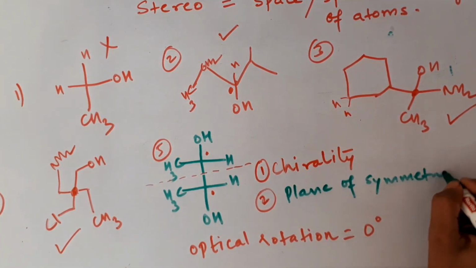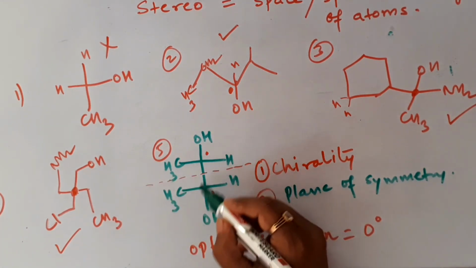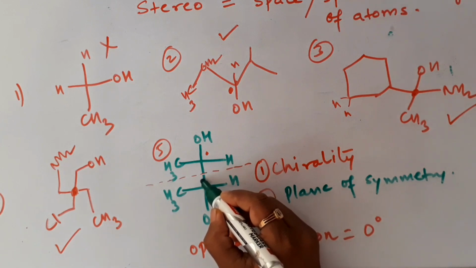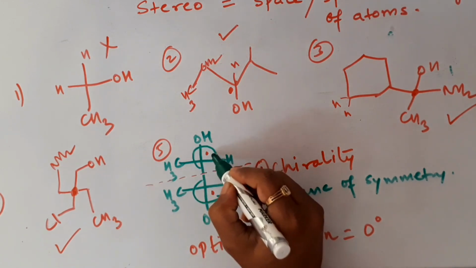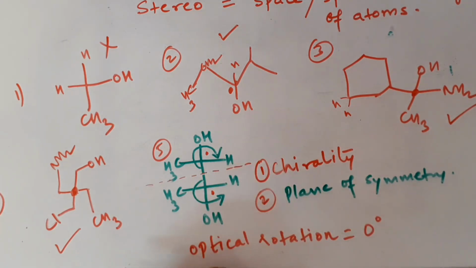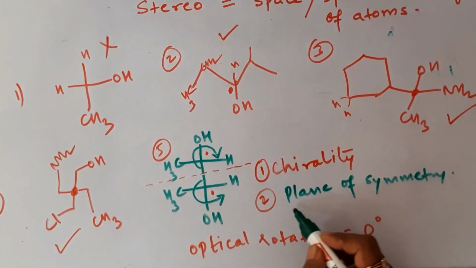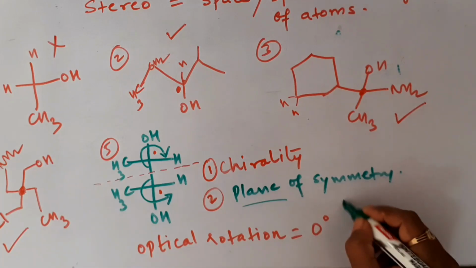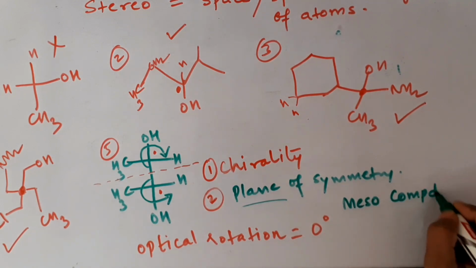Since it has a plane of symmetry, similar parts are there on both the sides. If one part of the molecule rotates in anti-clockwise direction, the other half rotates in clockwise direction. So due to this, the optical activity gets cancelled out internally. Such compounds which have a plane of symmetry will be called meso compounds.